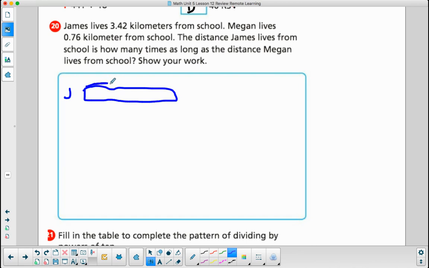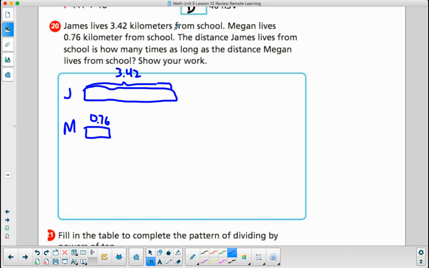And that equals 3 4/42. And Megan's is less. So she's going to go on the bottom with just 76 hundredths. And I'm not going to put the little loopy because I can't make it very well with these.